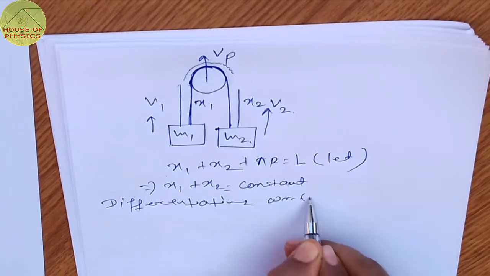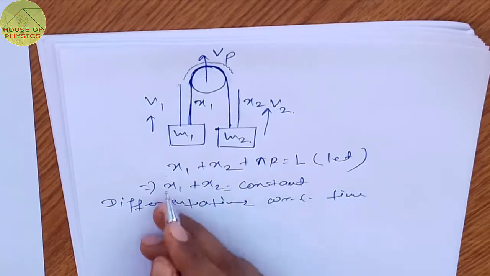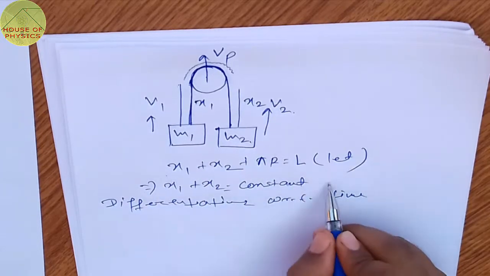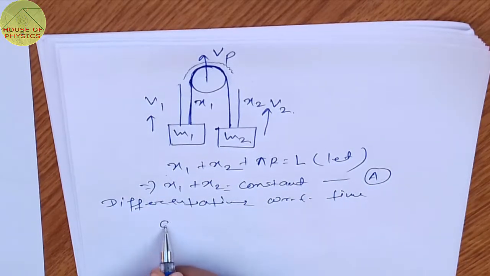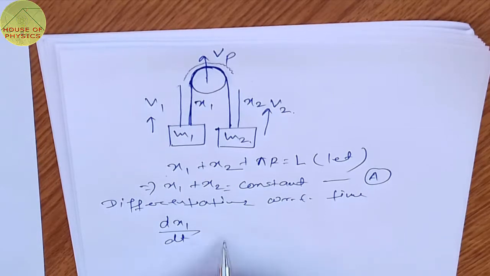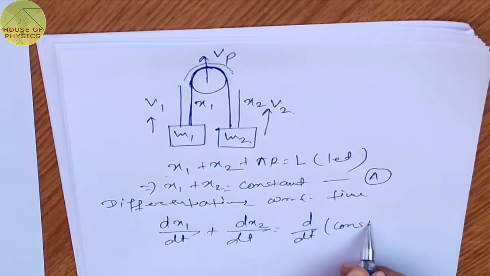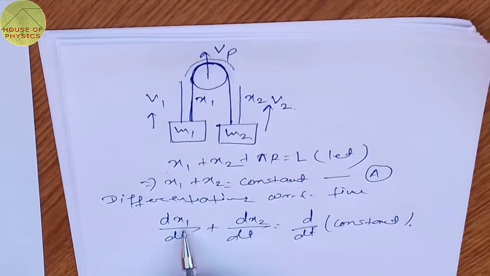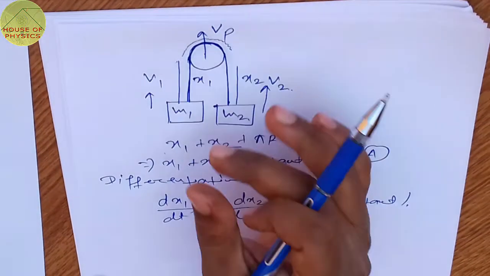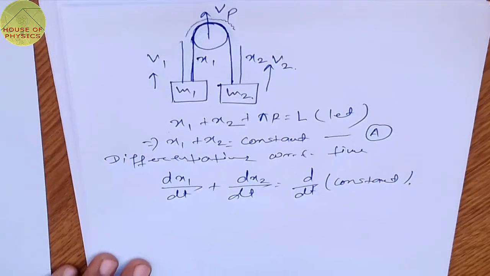with respect to time. If we differentiate this equation, which I call equation A, it becomes dx1/dt plus dx2/dt equal to d/dt of a constant. As we know, differentiating displacement gives velocity.